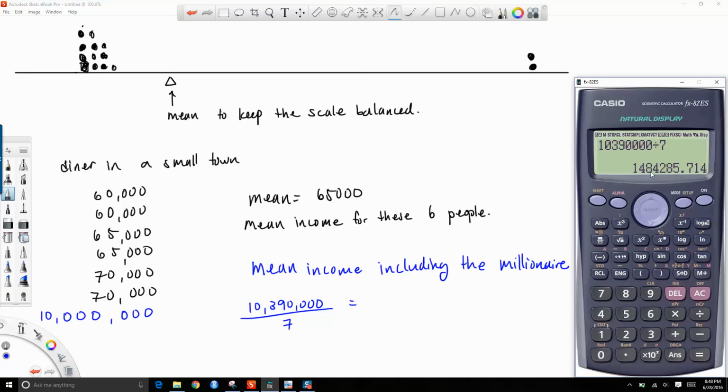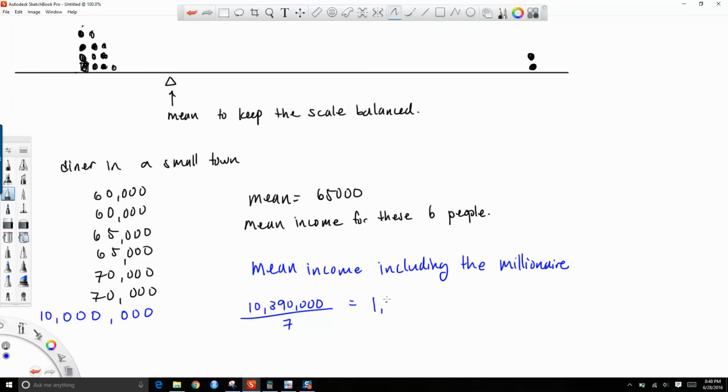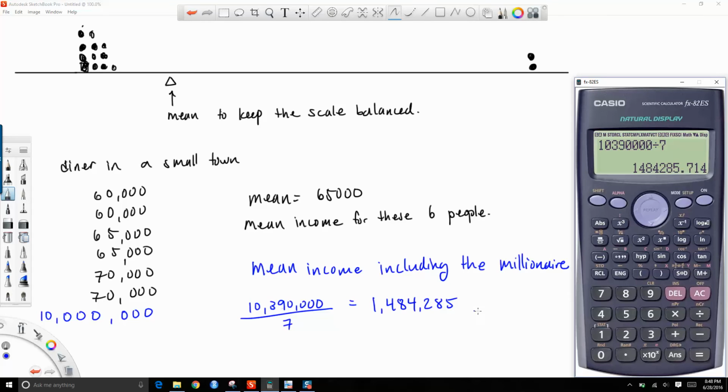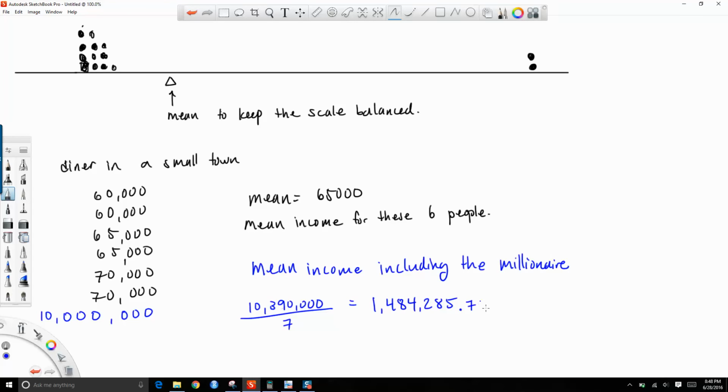And we would get $1,484,285. Something like that, unless I made a mistake, which I could have done. But we're going to get something in the vicinity of $1.5 million.